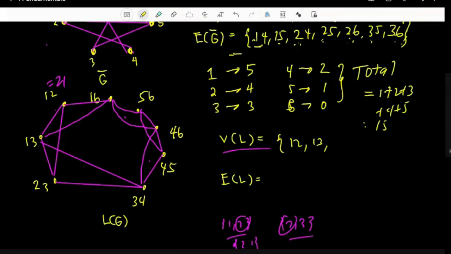So, pag nakita mo ang 1, 2, that means it's an edge in G. But in LG, it's a vertex. So, 1, 2, 1, 3, 1, 6, 2, 3, 5, 6, 4, 6, 4, 5, 3, 4. 1, 2, 3, 4, 5, 6, 7, 8.